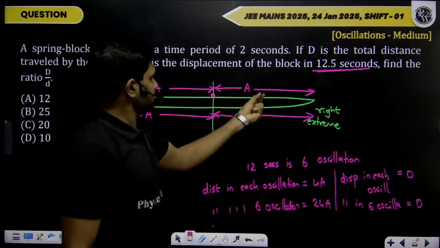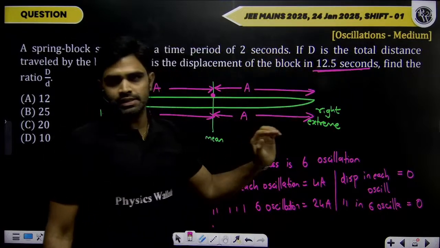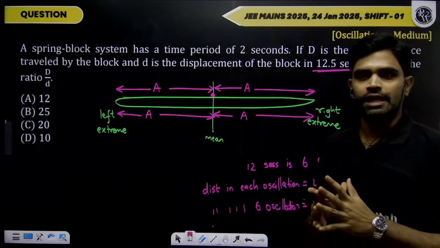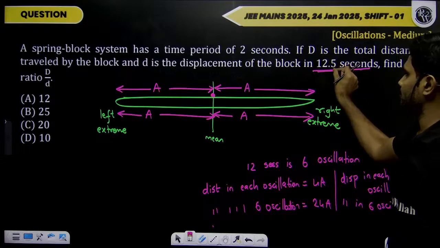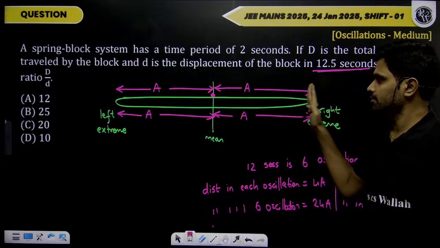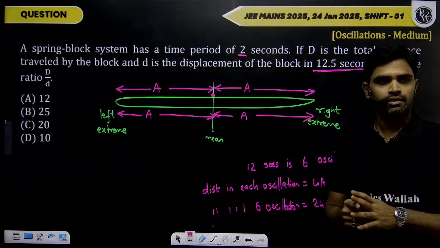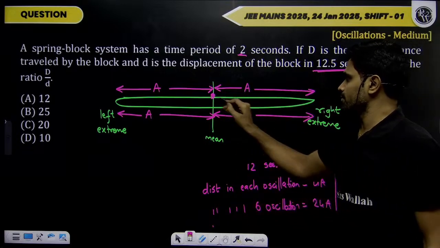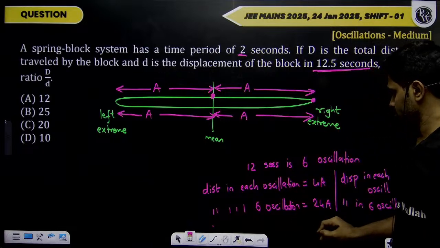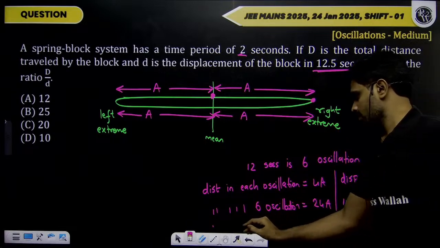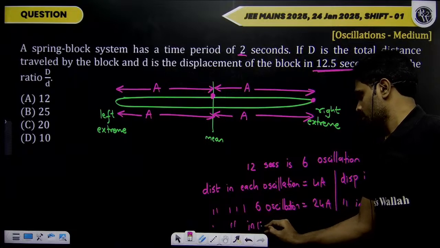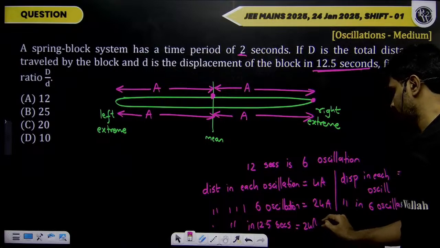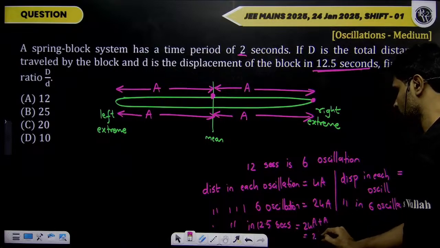Now let us just see the last 0.5 seconds, because in 12 seconds it has perfectly finished 6 oscillations. In 0.5 second, it is 1/4 oscillation, because each oscillation takes 2 seconds. In 1/4 oscillation it goes from the mean to the extreme, so plus A. The distance in 12.5 seconds is 24A plus A, which is 25A.